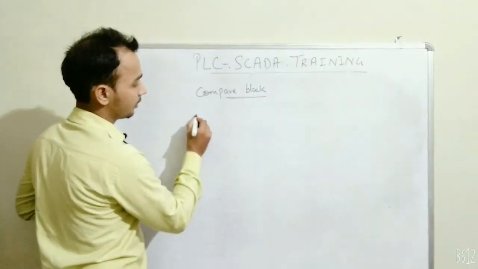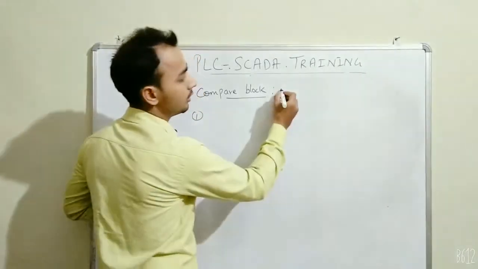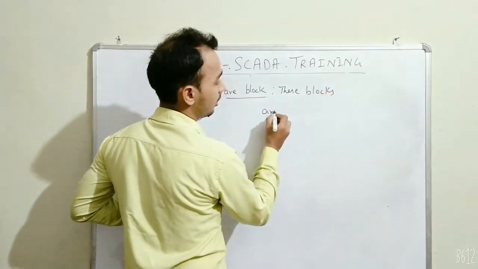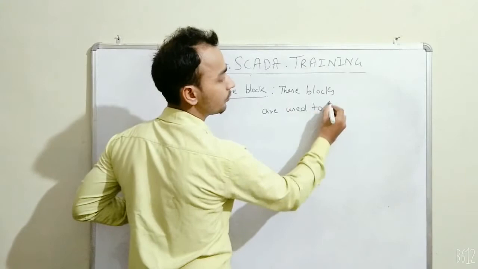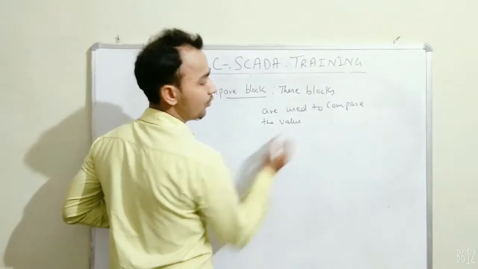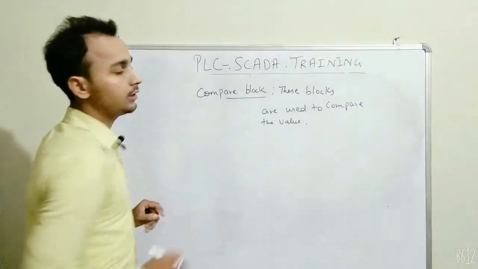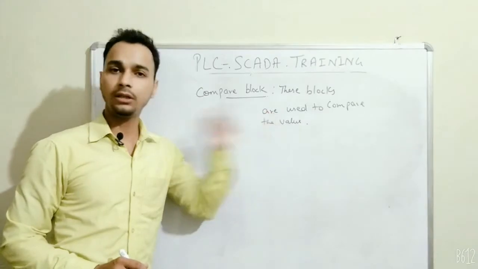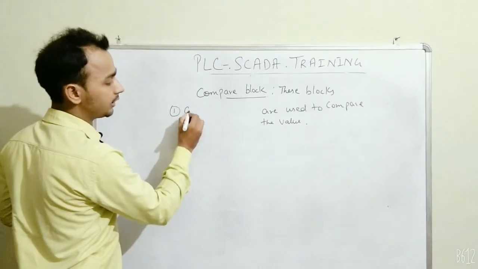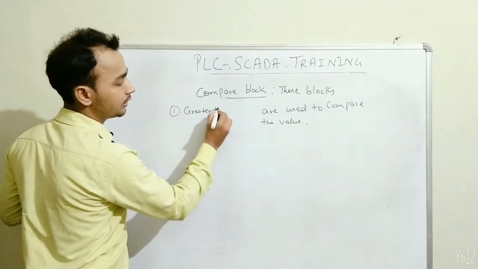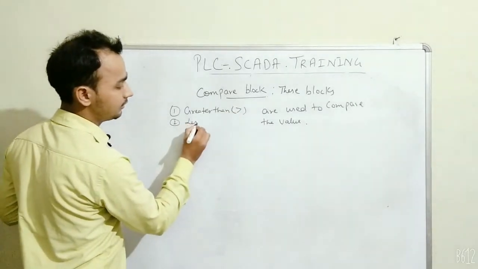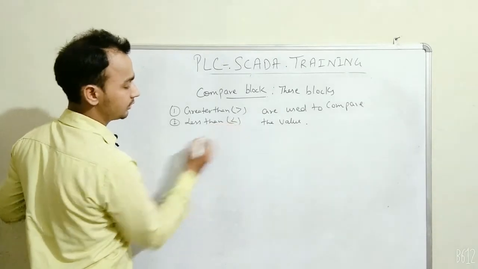These blocks are used to compare the values. There are different types of blocks. The first one is greater than, like this. Second, less than, like this.